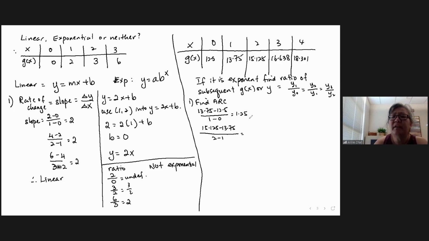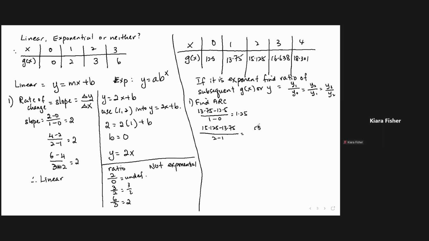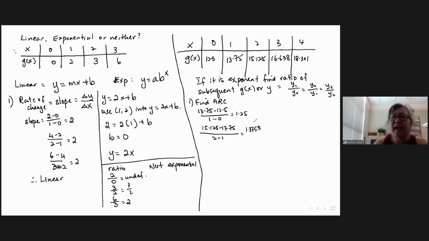That gives us what? Help me, guys. 1.35. It's 1.375. 1.375.